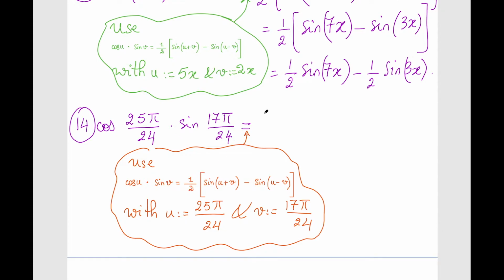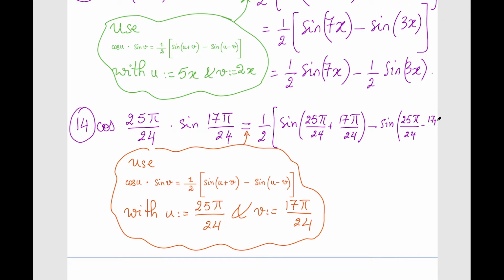And what do I get? I get half of sine of the sum of u and v, so sine of 25 pi over 24 plus 17 pi over 24, minus sine of the difference between u and v, so sine of 25 pi over 24 minus 17 pi over 24. I'll move it here, so I get this.